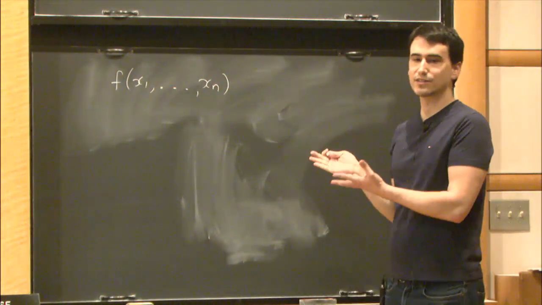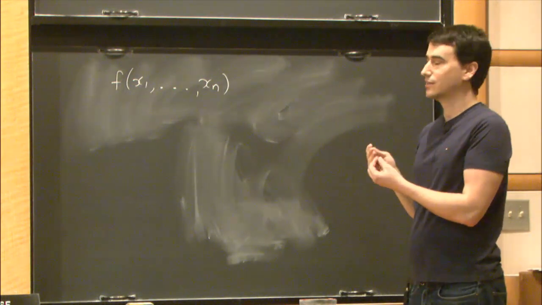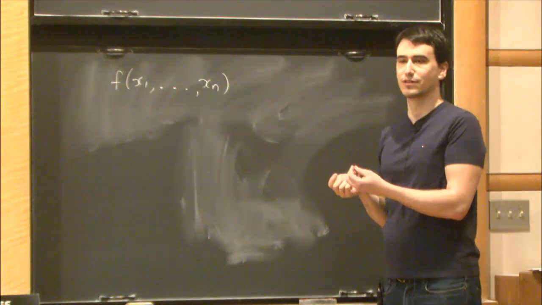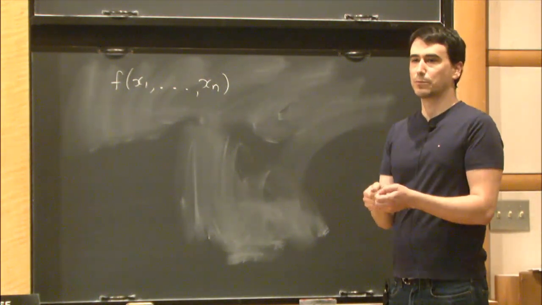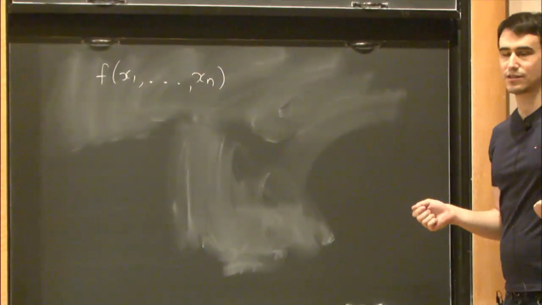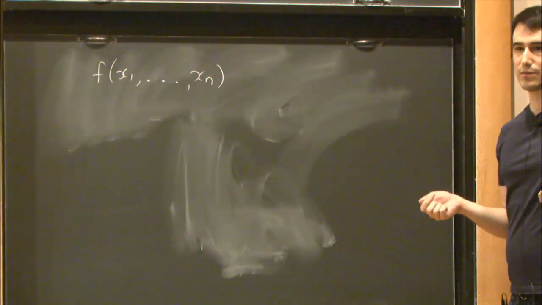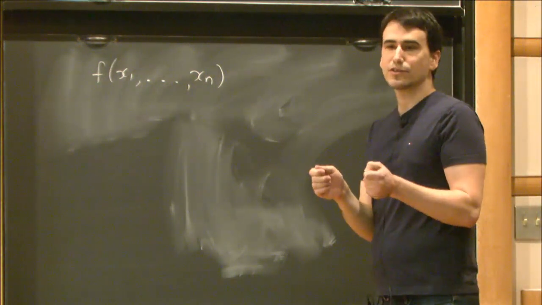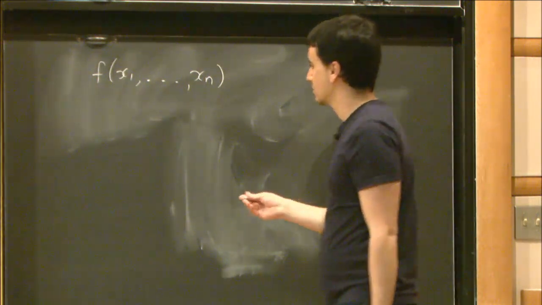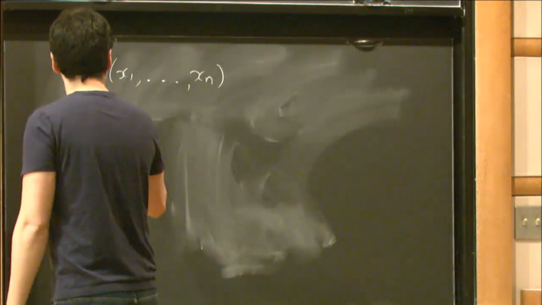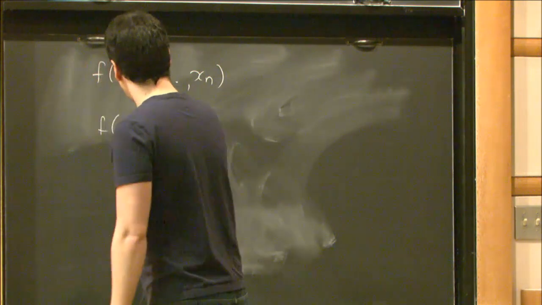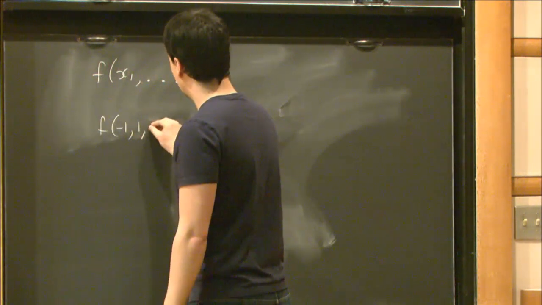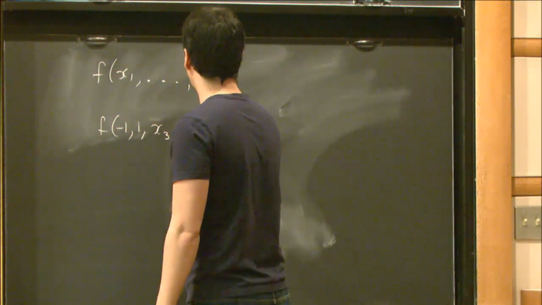In order to better understand this function, it is very useful to look at a sub-function of it. So what are we doing? We are picking some of the coordinates and picking constants for them. We are fixing these coordinates to these constants, and the rest of the coordinates we keep alive. So let's, for example, pick for the first coordinate the constant 1, -1 for the second, 1, x3, x4.